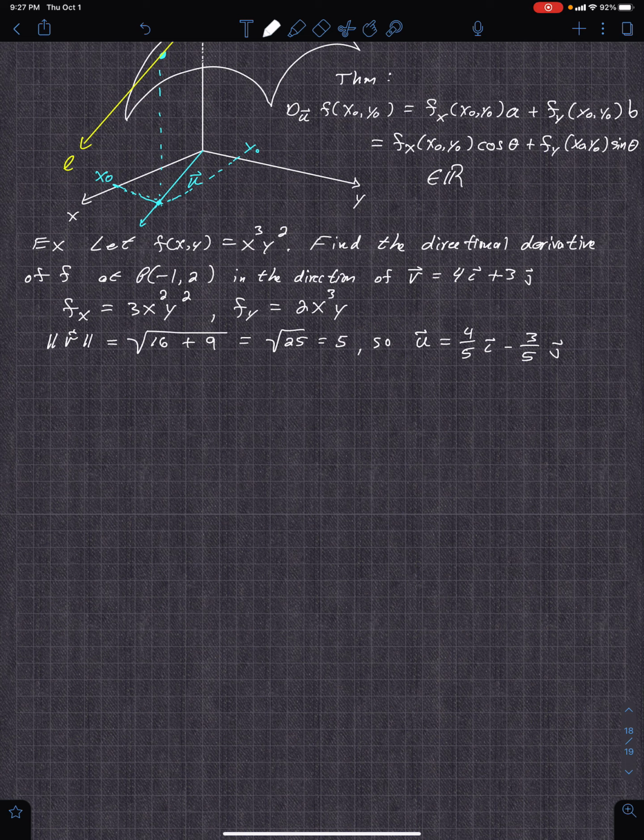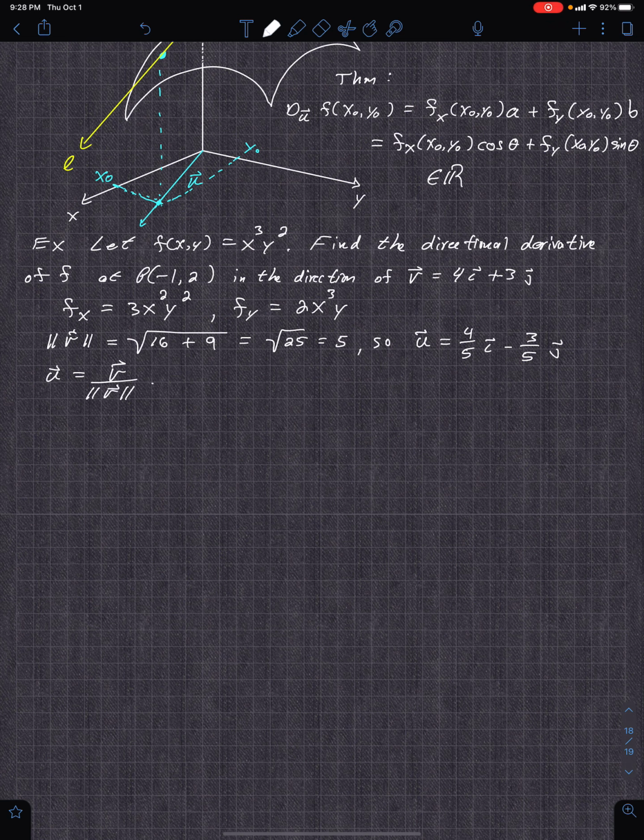All right, so you just divide those by 5. Now that's a unit vector, because we took v and divided it by its magnitude.